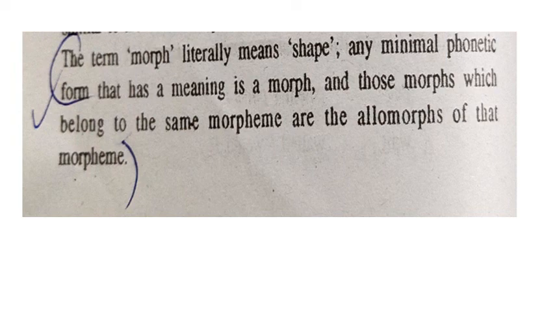All these, of the plural form and the past tense, are morphs, and since they represent a single morpheme, they are called the allomorphs of that morpheme.